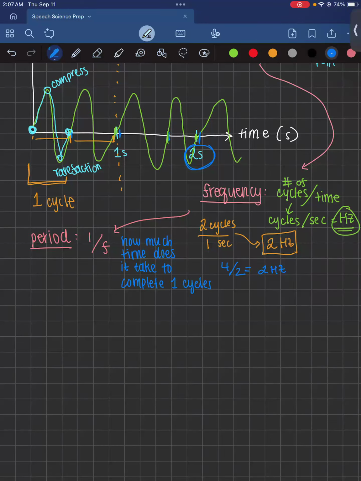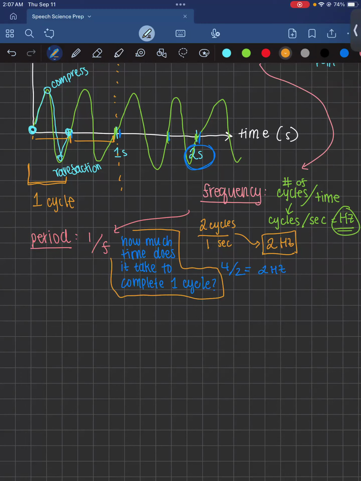So rather than seeing how many cycles fit into one unit of time, it's saying how much time does it take to complete one cycle. And you can remember that easily because the word period itself refers to some amount of time. So it's just asking how much time has passed once this wave has completed one cycle.